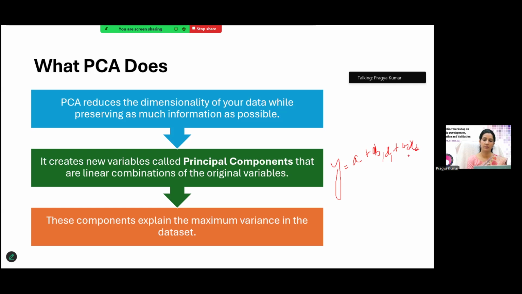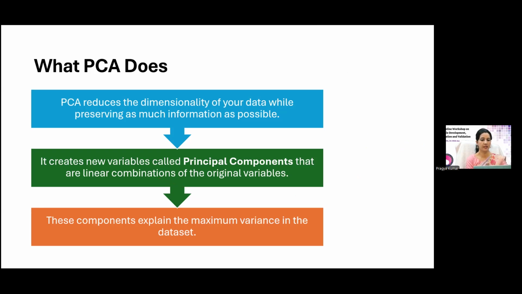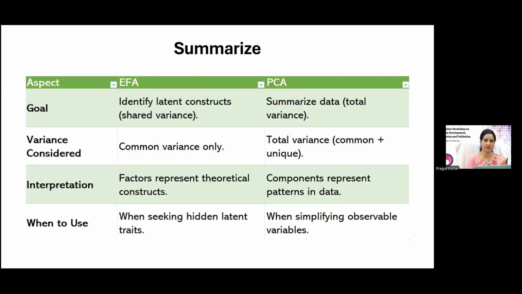And then there will be an error also. This equation we call a linear combination. So this is a linear combination of the original variables, and PCA takes this into account. These components explain the maximum variance in the data set.